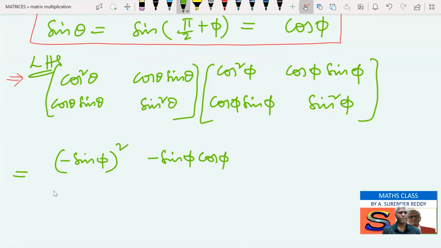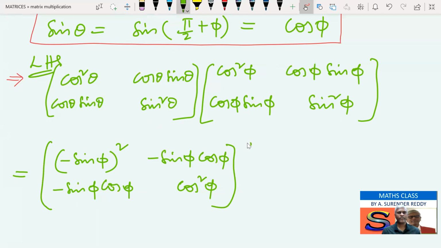So cos square theta becomes sin square pi, minus into minus will become plus. Cos theta sin theta becomes minus sin pi cos pi. Sin square theta becomes cos square pi. The second matrix is as it is.